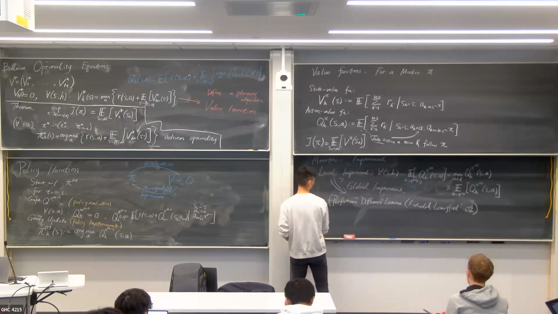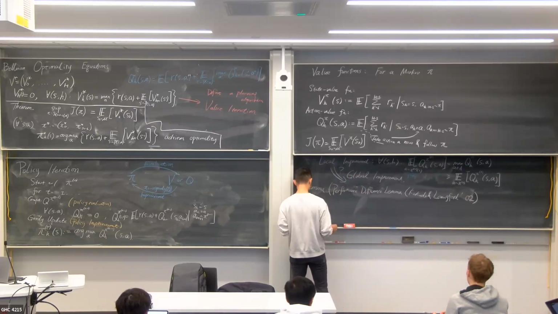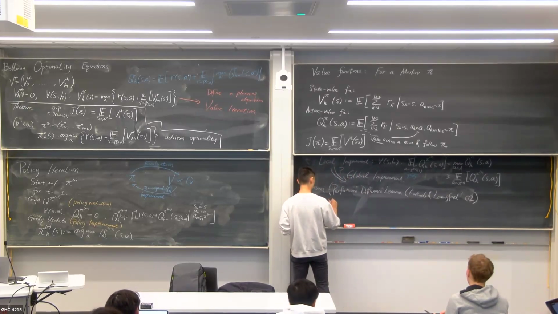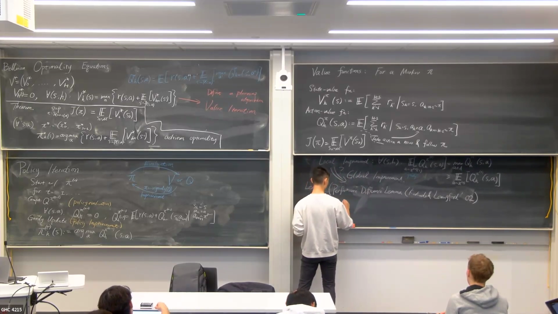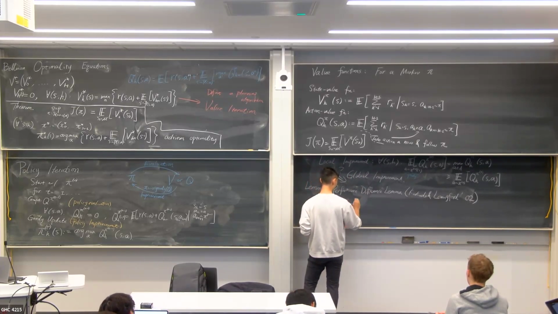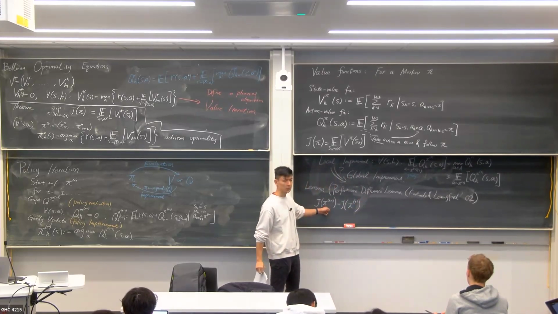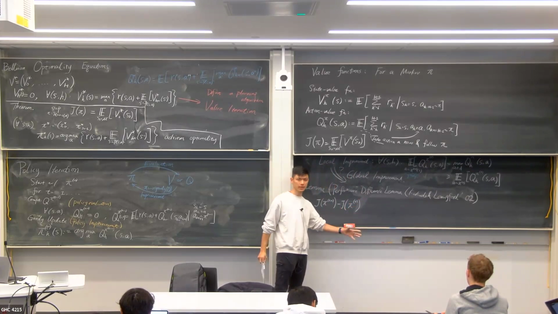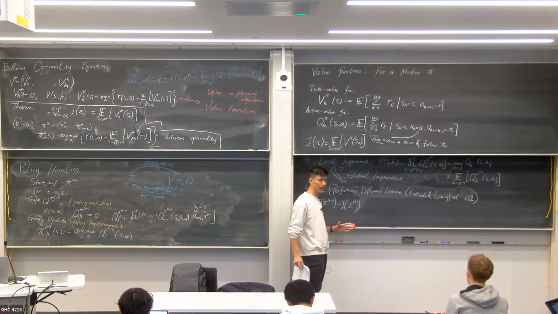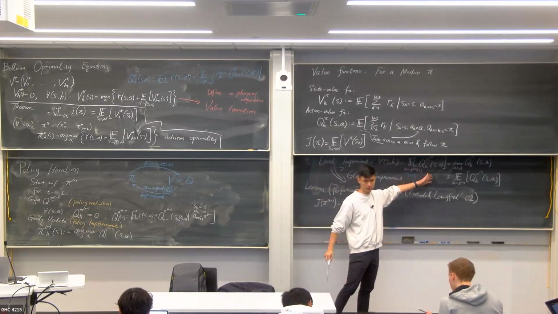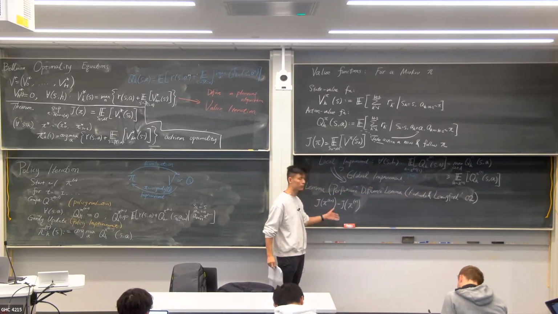Okay, so I'm going to write it. The performance difference lemma is basically just showing that if you look at the difference in the overall objective value, okay, pi t plus 1 is what you get out of the greedy update. But I'm now not just looking at these action value functions. I'm actually looking at the overall objective.